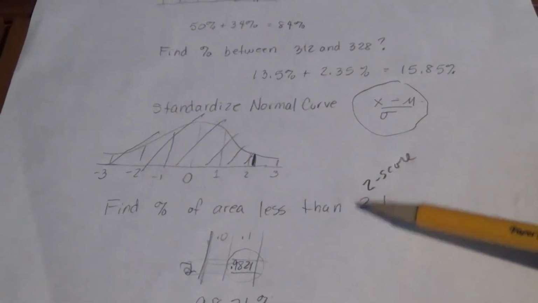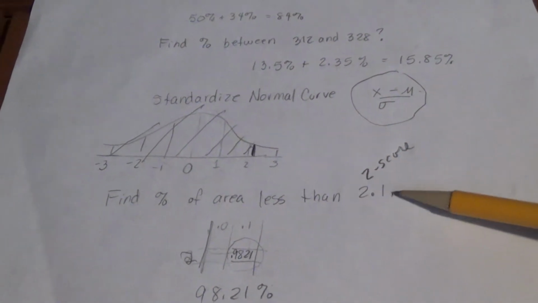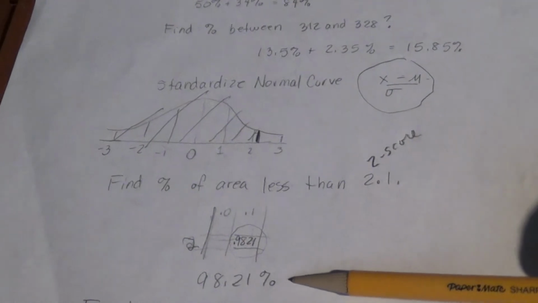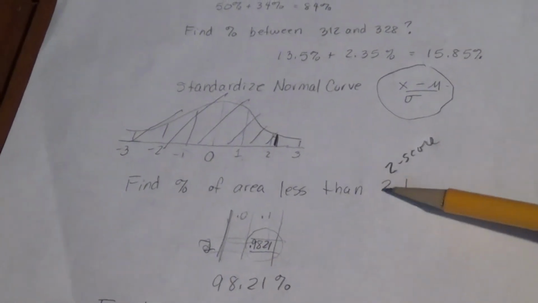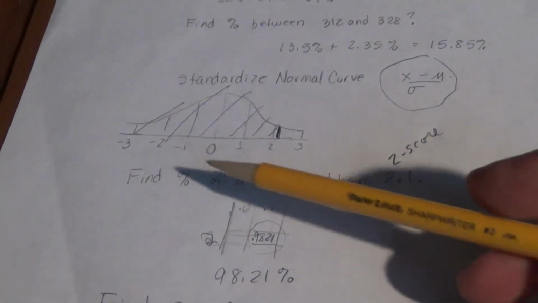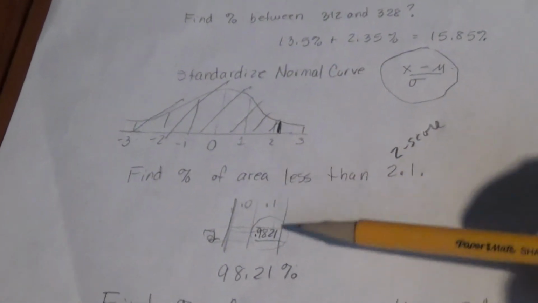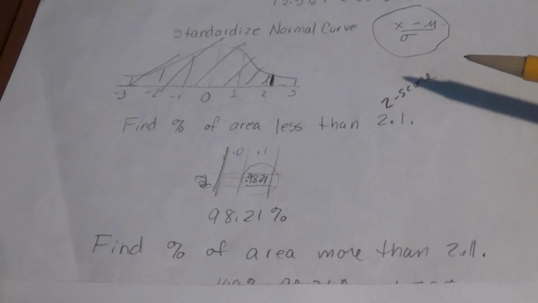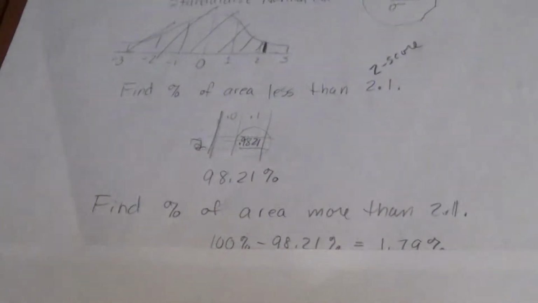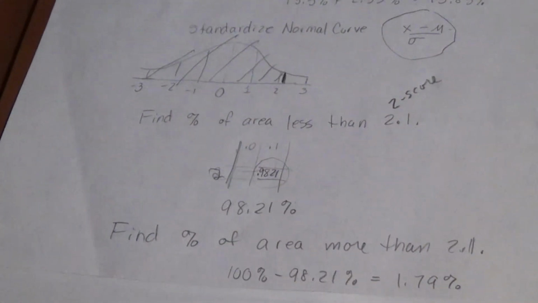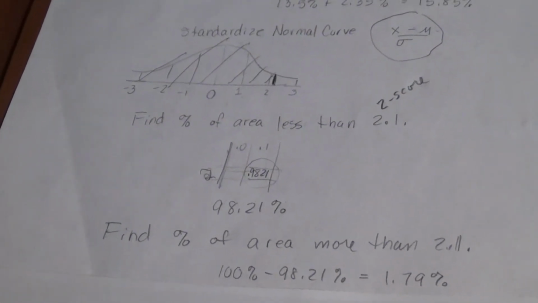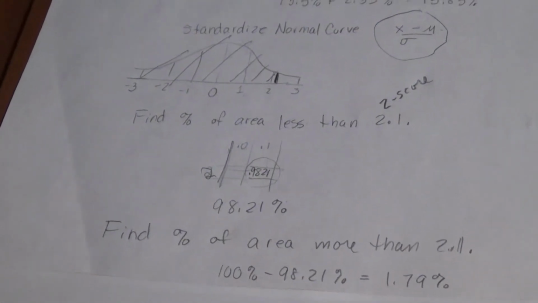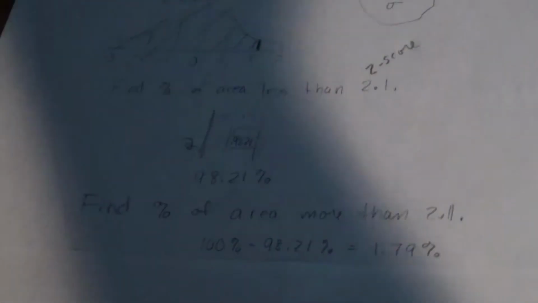So 2.1, when I looked that up in the chart, the score it gave me is less than 2.1. If I want greater than, you have to remember that the whole thing is 100%, so we just subtract out the 98.21%, and we find there's just a little bit of the chart left for above 2.1, and that was 1.79%.